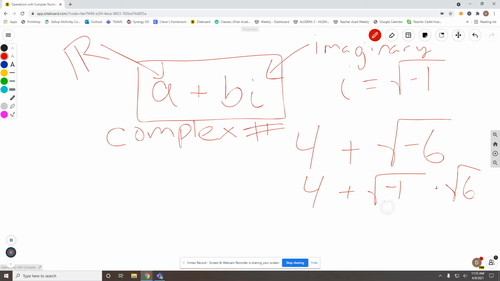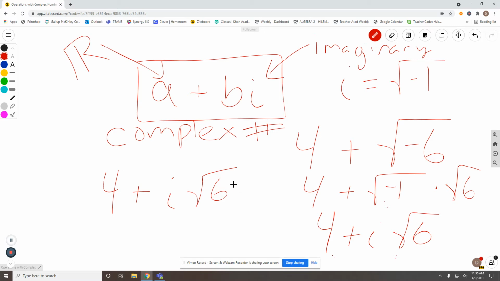I know the square root of -1 is just i, so I'm going to do 4 plus i root 6. These can't be added together because the i is going to be acting like a variable. It's not a variable, it's a number, it's an imaginary number. But it's going to act like a variable in that we're going to combine like terms, and 4 doesn't have an i. So you can write it as 4 plus i root 6.